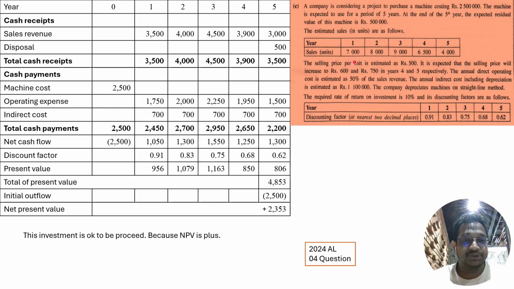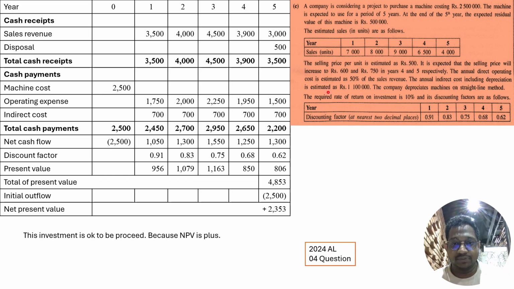So the number of sales you have to multiply by 500 to find out the sales revenue in the first 3 years. But for the last 2 years, the selling price per unit is different, 600 and 750. So in the fourth year, 6,500 should be multiplied by 600. And in the last year, 4,000 should be multiplied by 750 to find out the sales revenue, right?